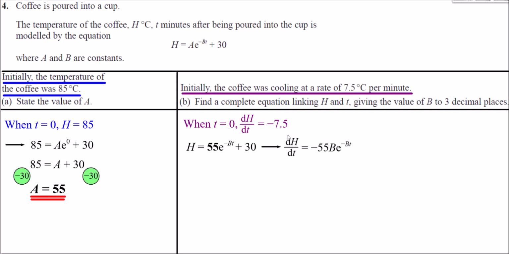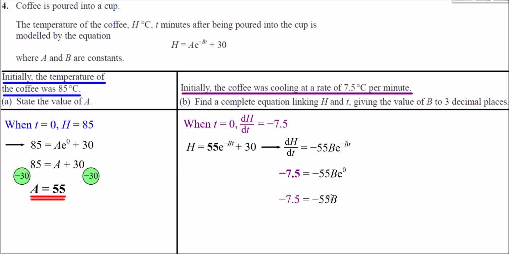So the next line, we can sub in dH by dt is minus 7.5, and then we're going to get minus 55b e to the 0 again, because once again, because of this word initially, we sub in time is equal to 0, so minus b times 0 gives 0 again. E to the 0, like I said before, is just going to be 1, so this simplifies to just minus 7.5 is minus 55b.